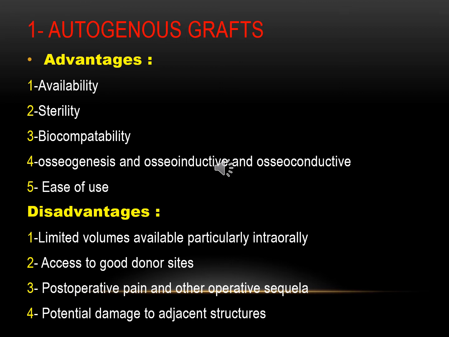Maybe during the harvesting of the bone graft we injure a nerve, a blood vessel, or another root, and this is a disadvantage of the autogenous bone graft.